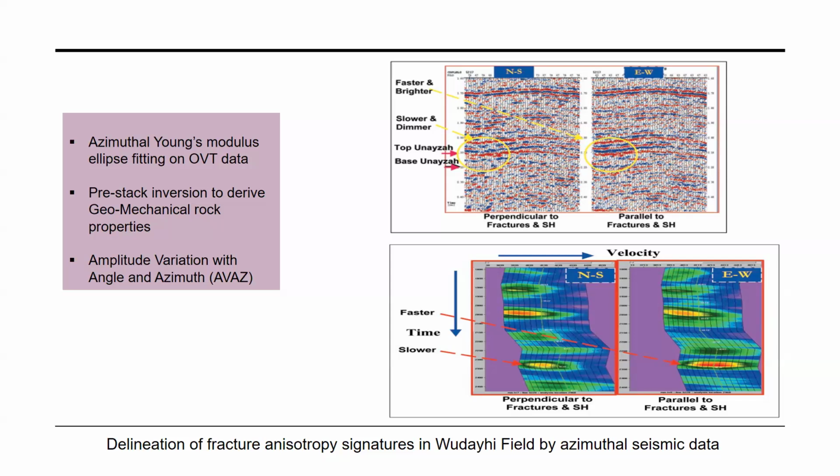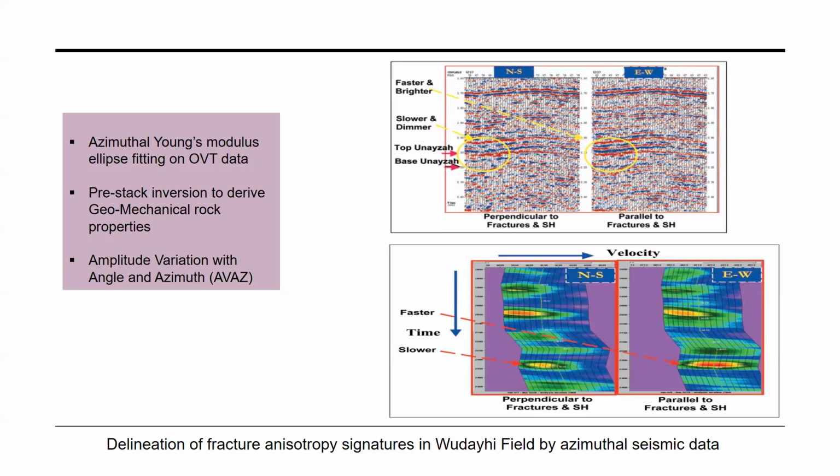We have talked about the necessity of why we need open fractures. Then we jumped into the seismic domain. Obviously, we have touched on the different lithologies associated with carbonate and the importance of fractures, open fracture and closed fracture.